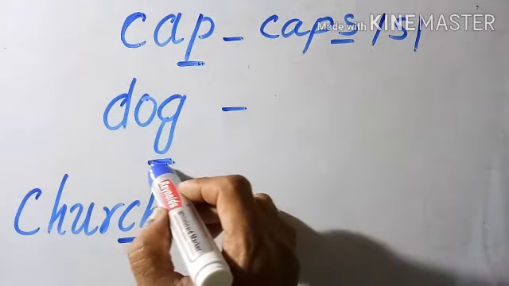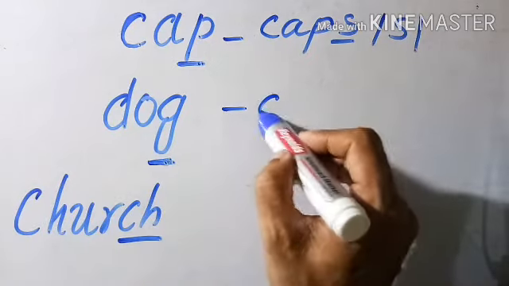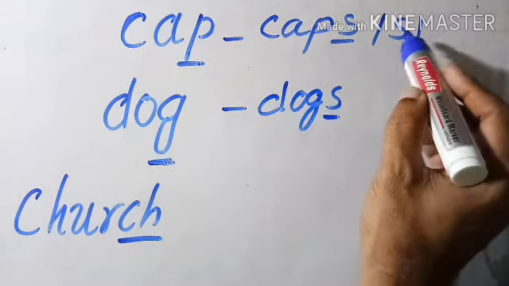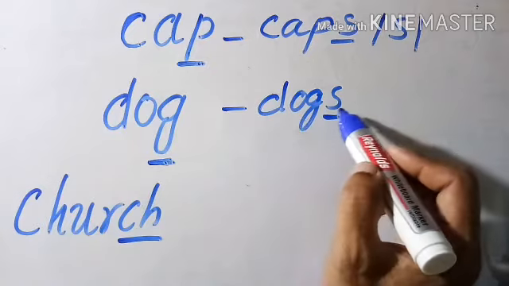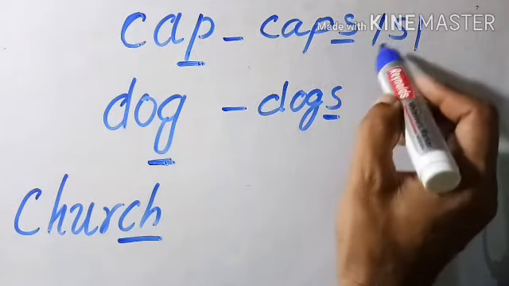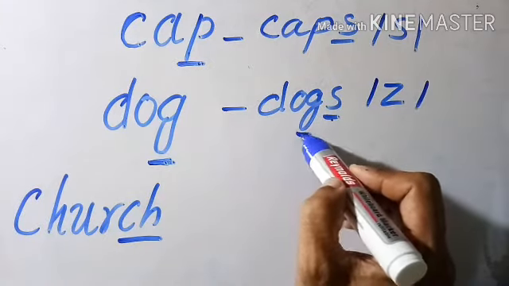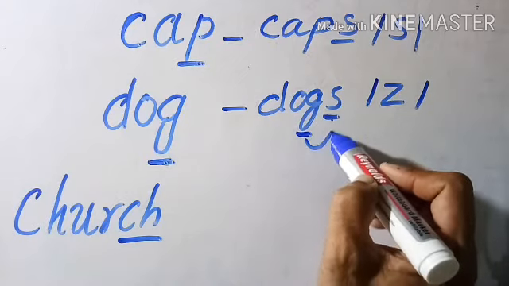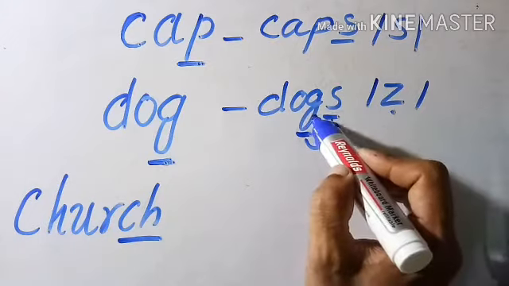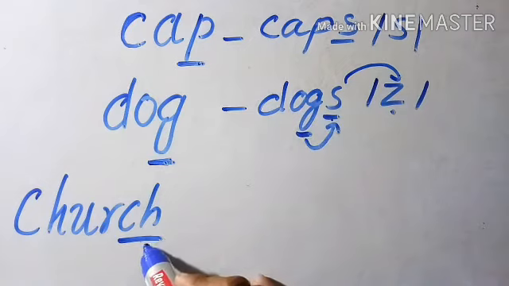When we have a voiced sound at the end, dog, this g is voiced, then we make a plural, dogs. In caps the s stays s, but here s becomes z, because this is a voiced sound. This voiced sound makes the voiceless sound a voiced one. So that is why dogs. This is z.